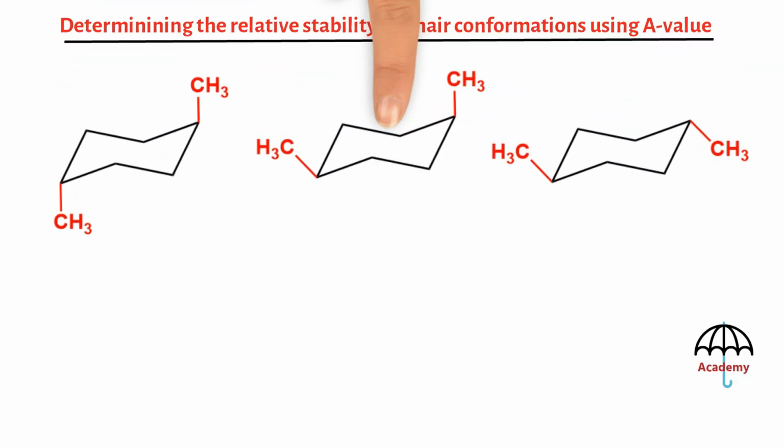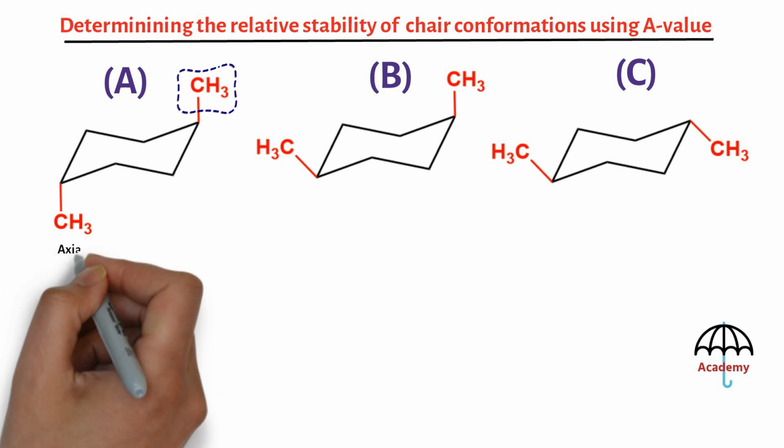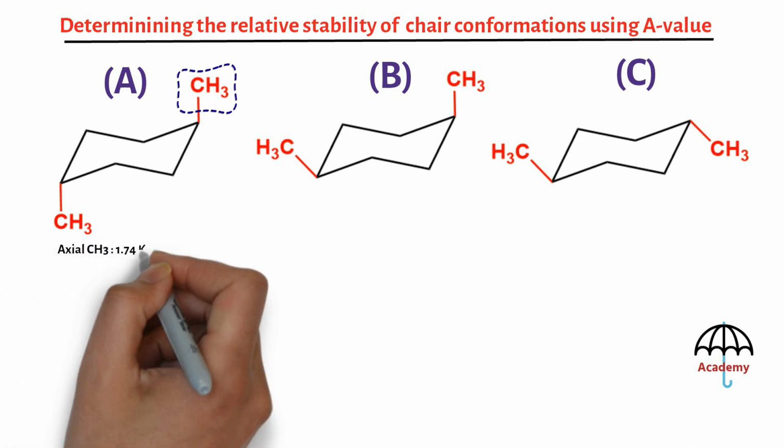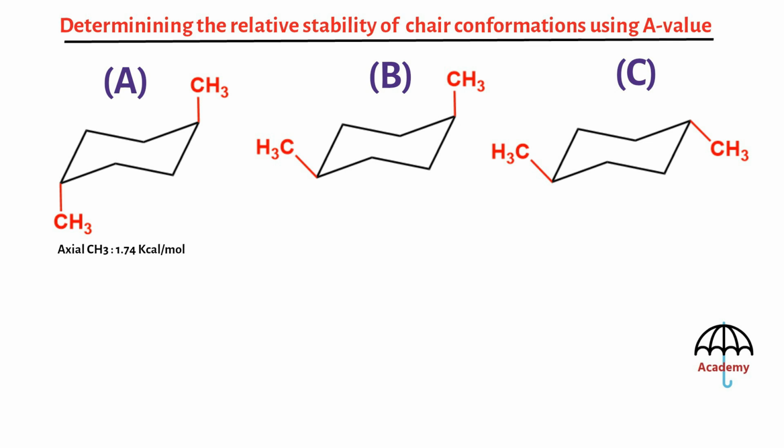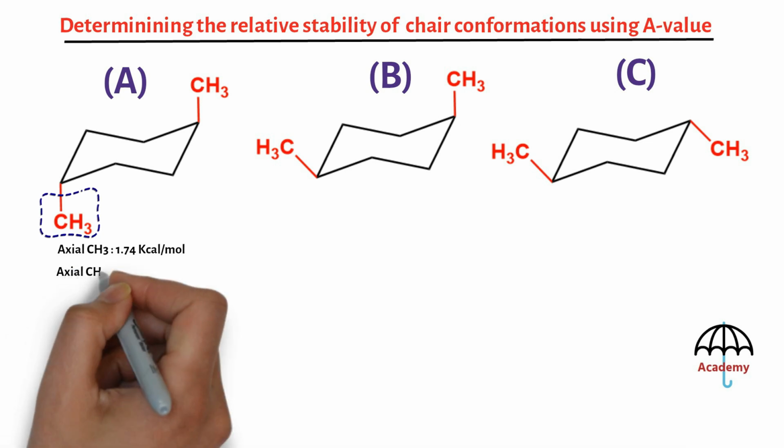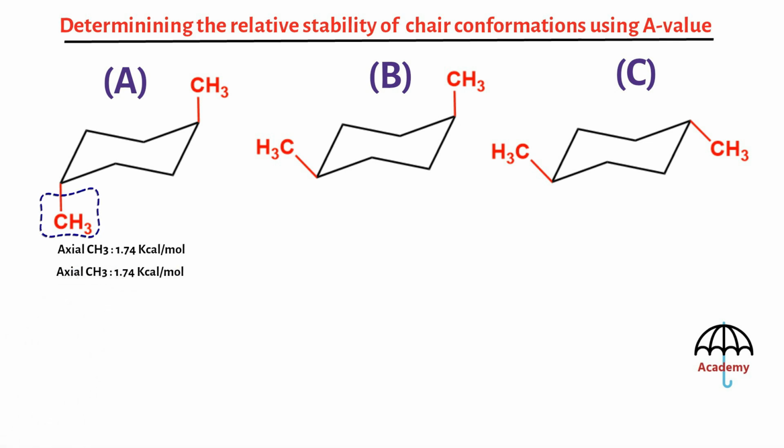Consider these different conformations of 1,4-dimethylcyclohexane. Let us mark them as A, B, and C. In this diaxial conformer A, an axial methyl contributes 1.74 kilocalories per mole torsional strain. Another axial methyl also contributes the same.